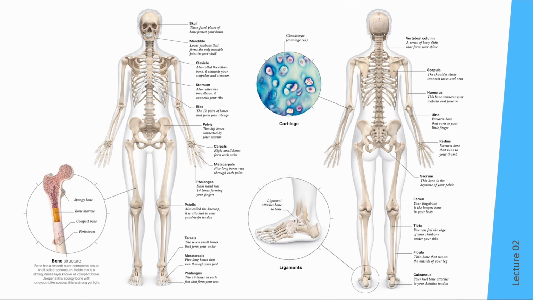We have 12 pairs of ribs, by the way, and then it connects to the spine, and the spine connects to the pelvis. So the pelvis is that bowl which we have at the bottom of the spine, consisting of fused together bones.